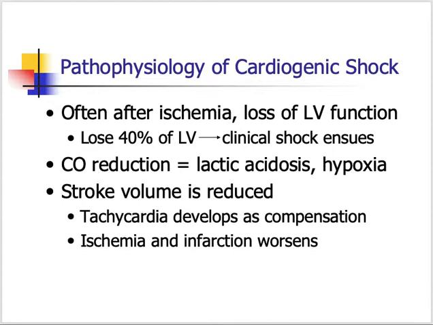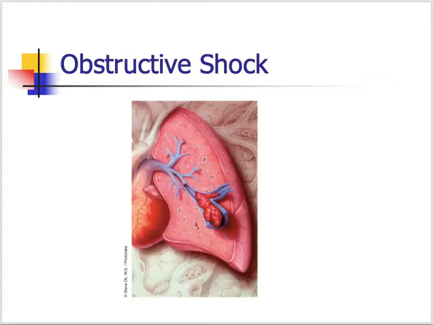Now, as I told you, one of the types is obstructive shock. In pulmonary embolism, a blood clot comes and gets stuck in one of the main pulmonary arteries.